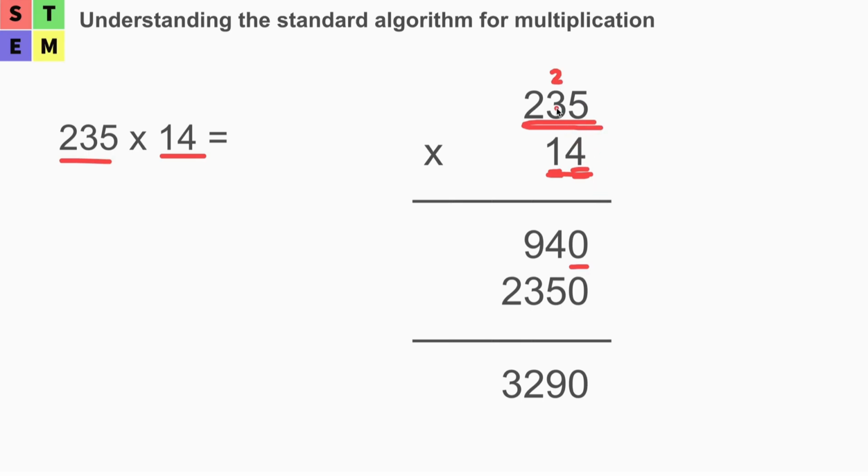And 4 times 3 is what? Is 12. 12 plus 2 is 14, right? 14. So we got 4 here and we got 1 there. So, and then the next is what? 4 times 2, which equals 8. 8 plus 1 is 9. Okay, so 235 times 4 equals 940.